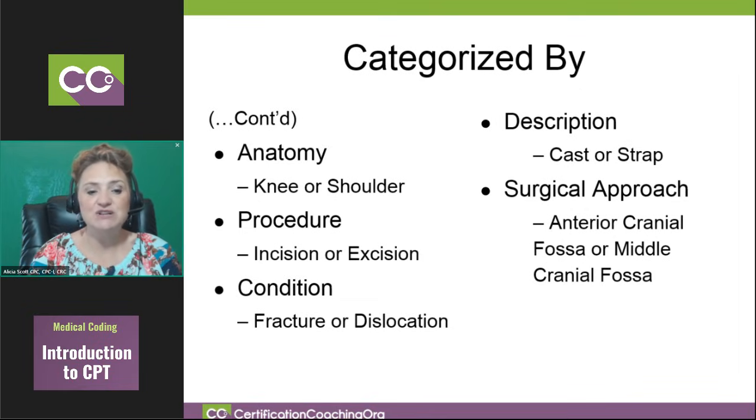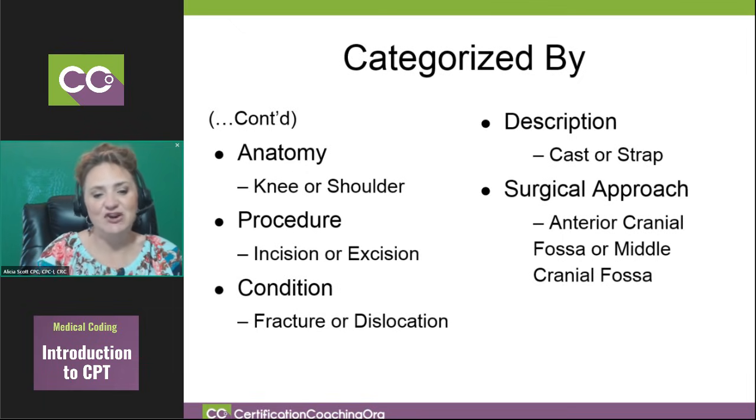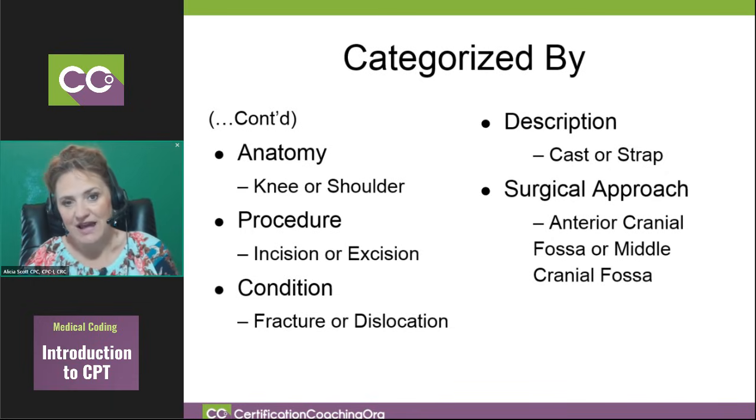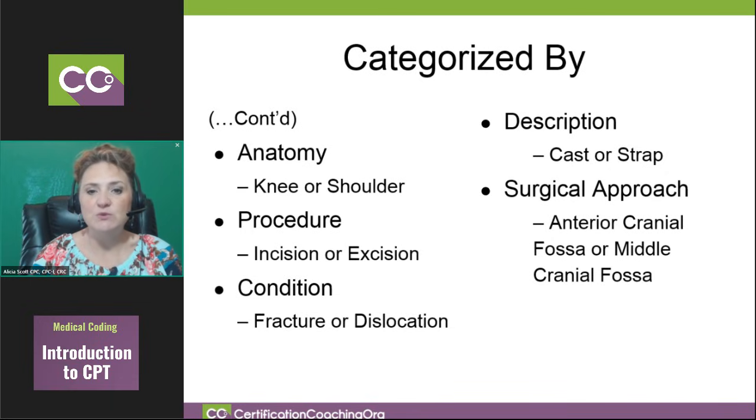What is the procedure that we're doing? Well, we're going to do an incision or an excision. It's going to indent. Or what's the condition? We have a fracture or a dislocation. Okay. Now again, description: what are we going to do for that condition?